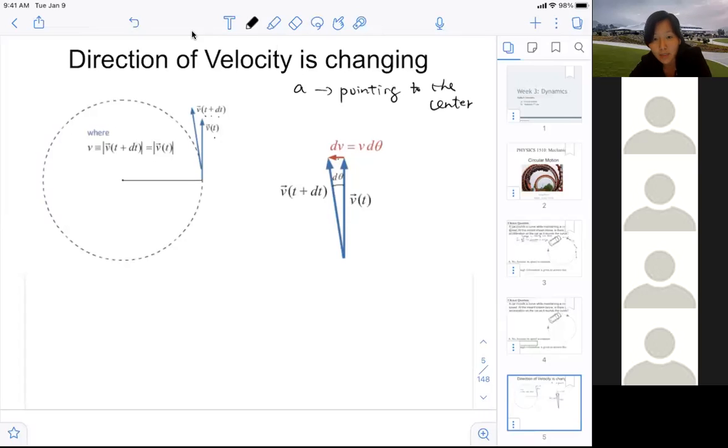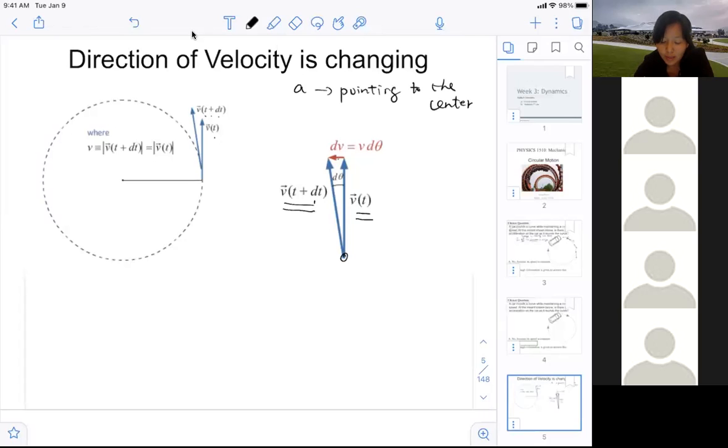And in terms of the magnitude, they first used a small angle approximation to get the delta v, a little change dv. So you can see that if we have two vectors, one of them is your velocity at the initial instant, and then your velocity at the next instant, after a short amount of time.